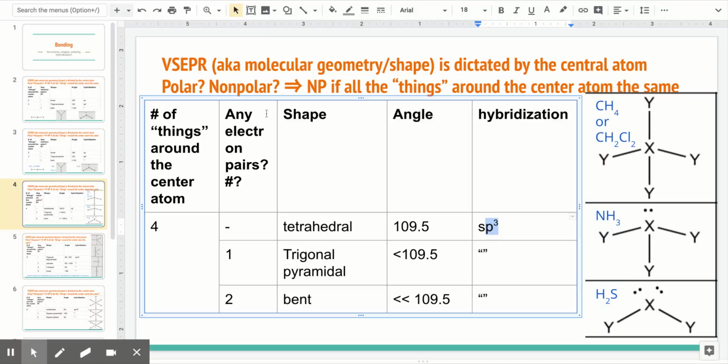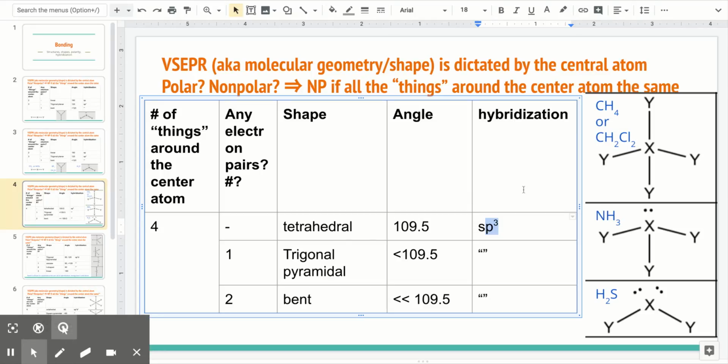Okay. Again, we can go through polar, nonpolar. If we have an example like CH4, all the things around it are going to be H's with the carbon in the middle. Are all the things around the carbon the same? Yes. So that would be nonpolar. If instead you have a molecule like this, CH2Cl2.